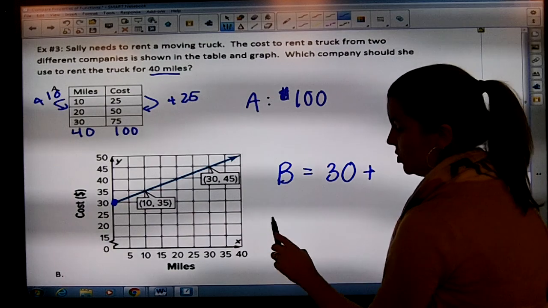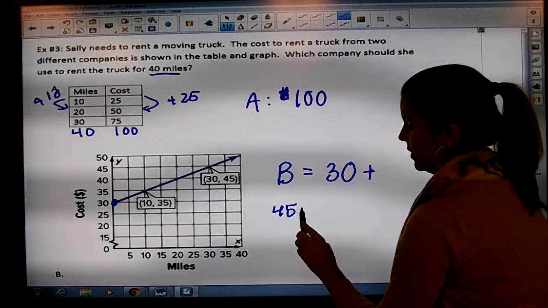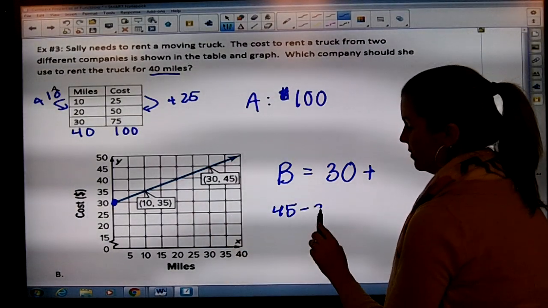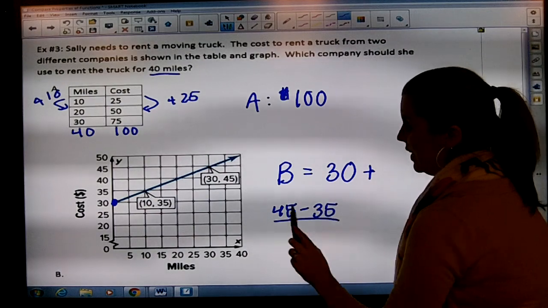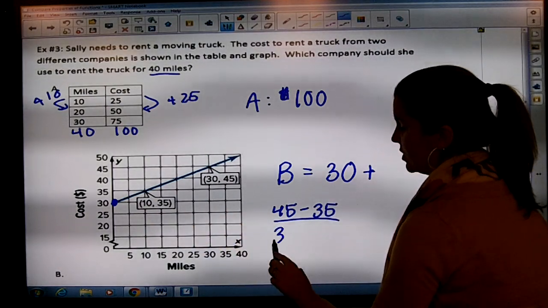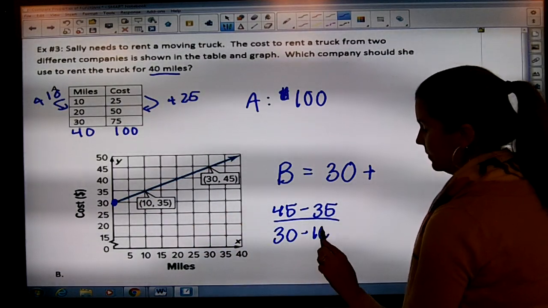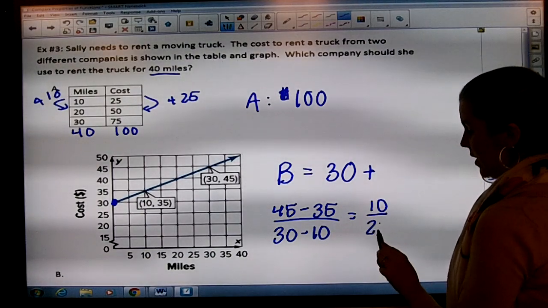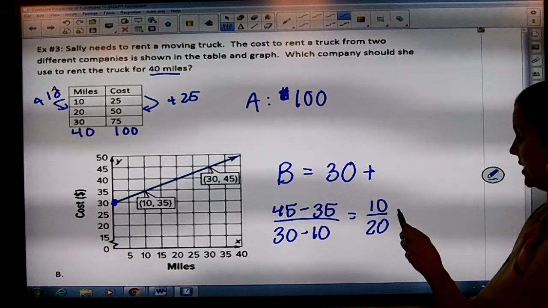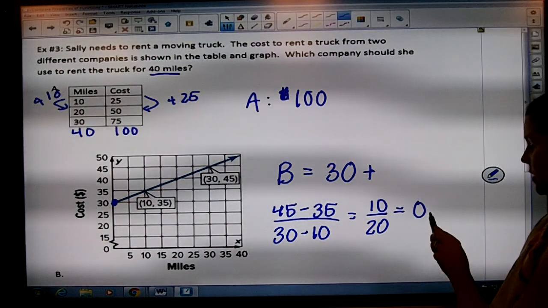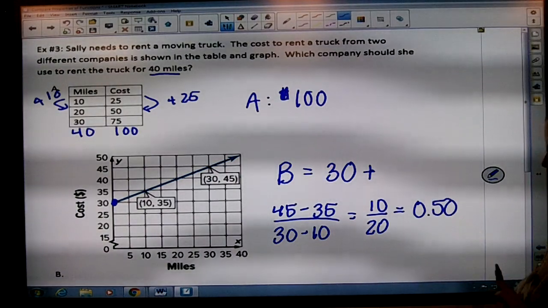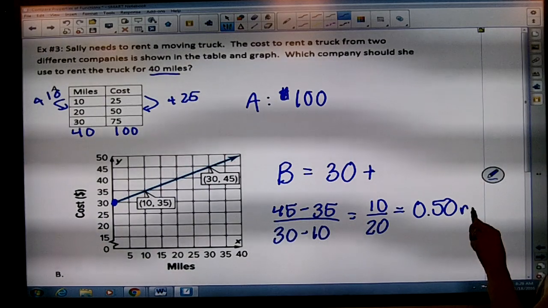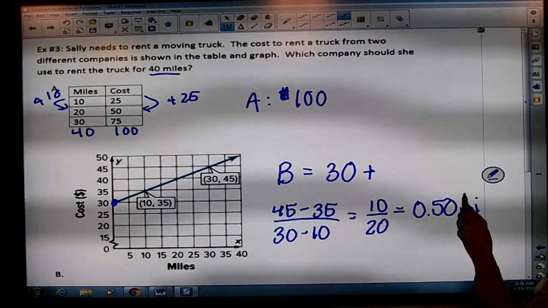So the rate of change, that's 45 minus 35, subtract your y values, divided by, subtract your x values, 30 minus 10. This gives us 10 over 20. And if we change this to a decimal, that's 50 cents. So 50 cents per mile.